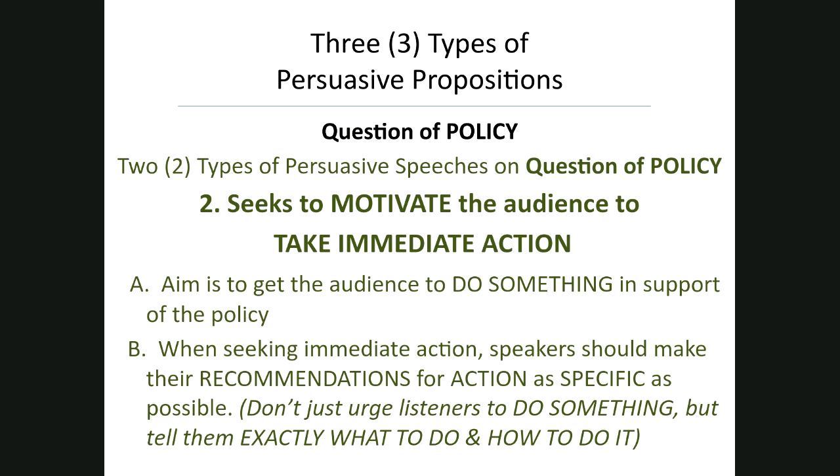So if you're giving someone a speech about the importance of going out to register to vote, say your whole speech is that the thing you want them to do is go out and vote.